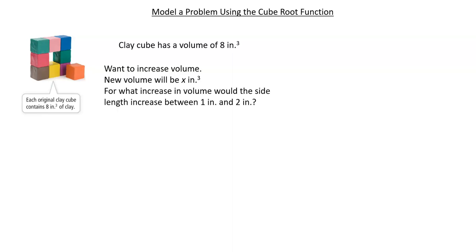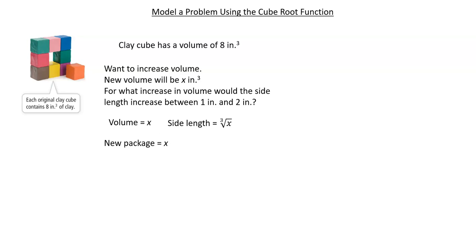So our question is, for what increase in volume would the side length increase between 1 inch and 2 inches? When we increase the volume, how's that going to affect the length of the side? Well, our volume, we said, is going to be x, so the length of the side of a cube would be the cube root of x, because the volume is the side cubed.